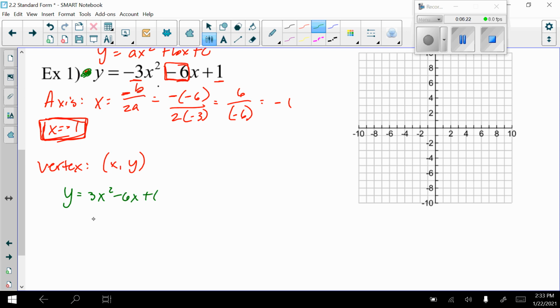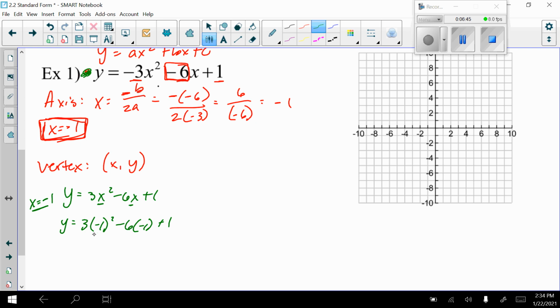I know that the axis of symmetry is -1, so I'm going to replace x with -1. Okay, so here's what it's going to look like: 3 times -1 squared minus 6 times -1 plus 1. So let's just do this one piece at a time. Think order of operations.